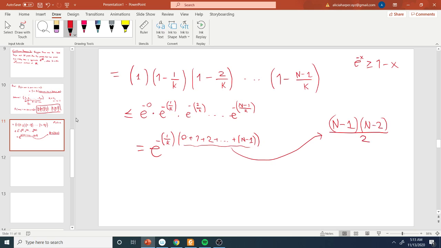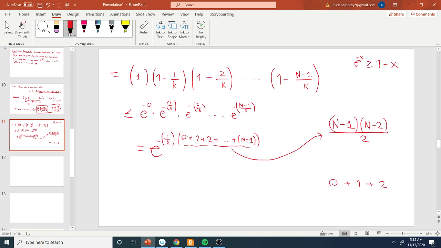Let me just sanity check myself. If I do 0 plus 1 plus 2, this corresponds to 3. So if I plug in 3, does that work?